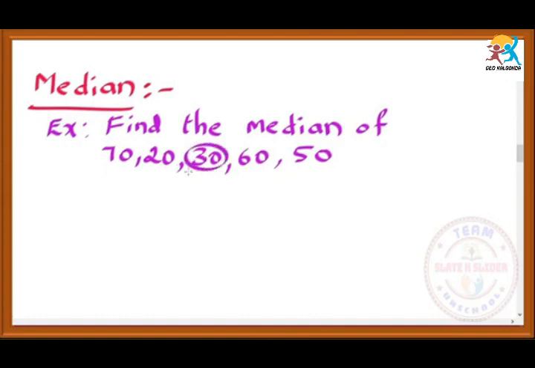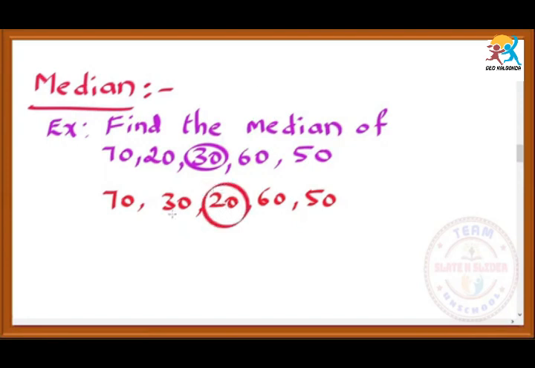What is the mistake? 30 is not the median, because all these values are not in ascending or descending order. First of all, we have to write all these values in ascending or descending order. Why? Suppose some person takes this question as 70, 30, 20, 60, 50. Find the median. By observing these values, he will say that the median is 20.